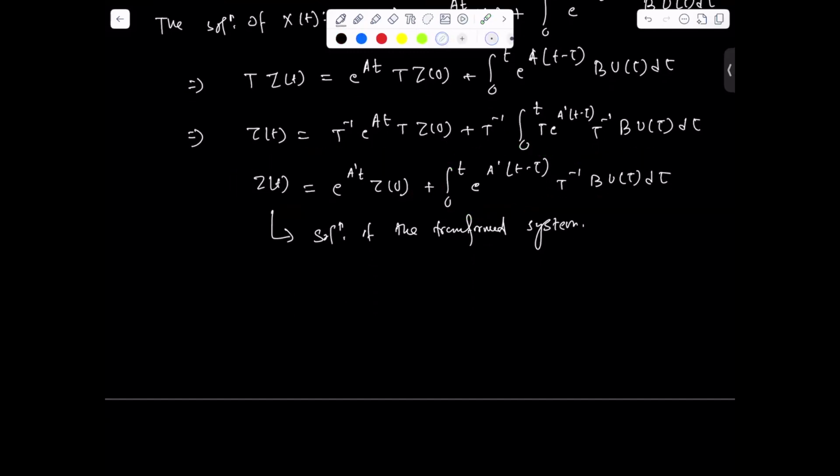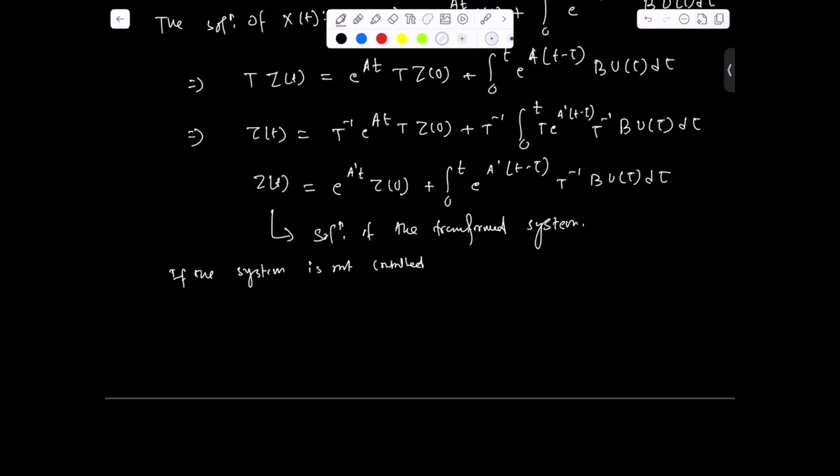If the system is not controlled or not affected by external inputs, we'll have the solution z of t equal to e to the power A dash t z naught.